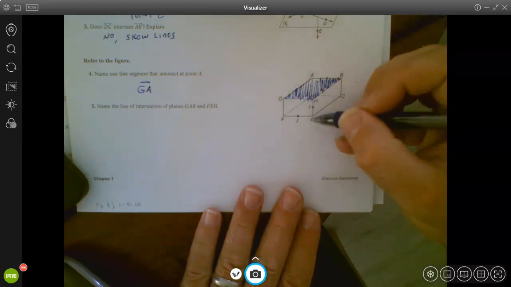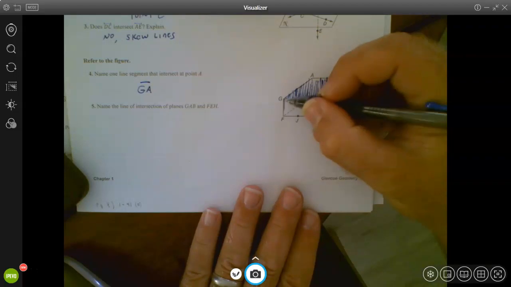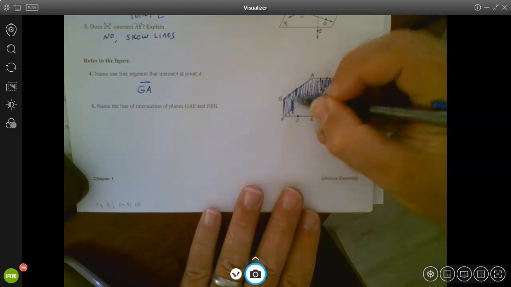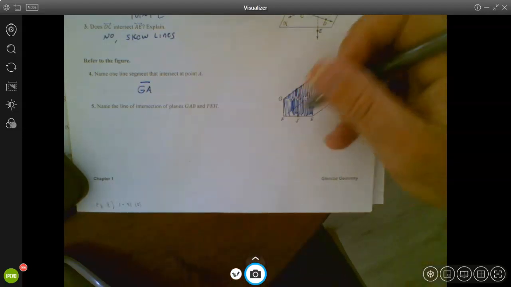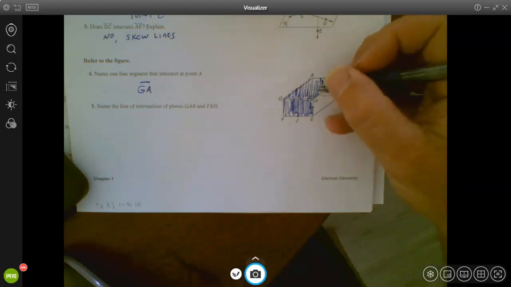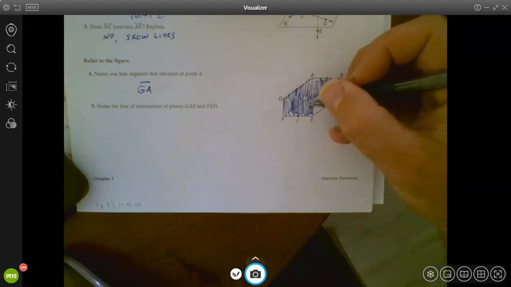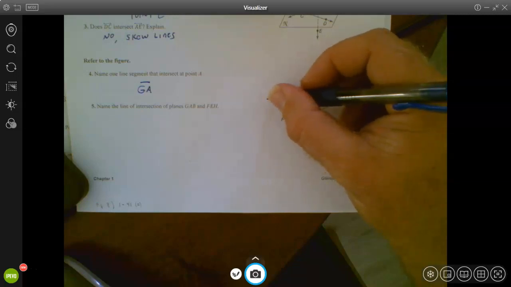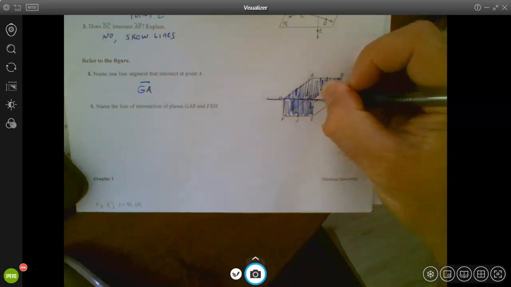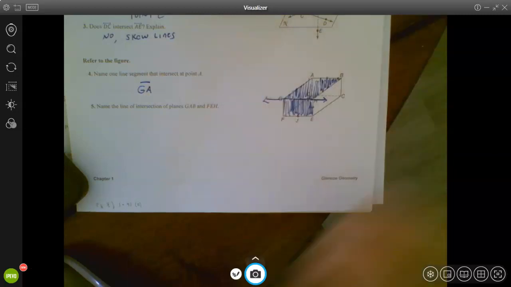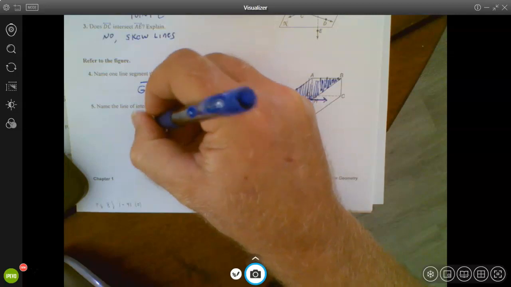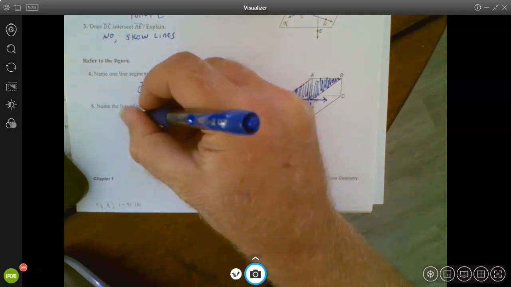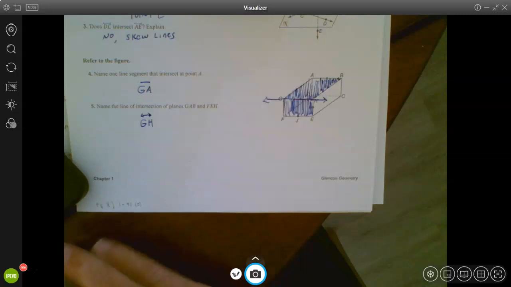So this is kind of like maybe the front of the box, you might call it. Depends on how your 3D vision is working, I guess. Right. So what line segment or line of intersection contains this plane and this plane? So you can see right here GH is the line that hits both of those planes. So we're going to call it line GH, or you could say HG, same thing, right?